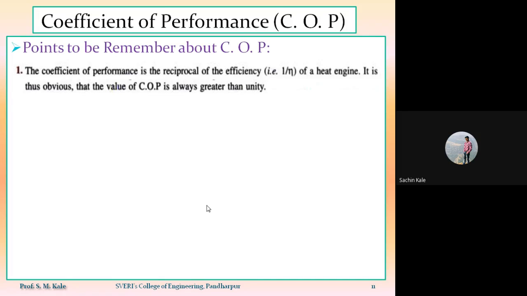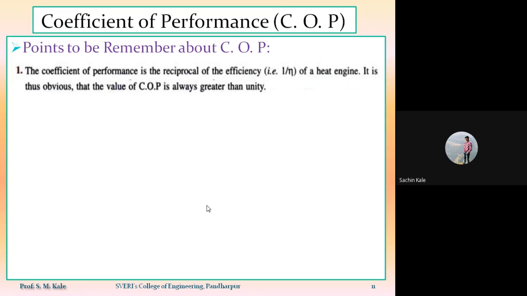As we know that efficiency of any heat engine is always less than 100% or always less than 1. So we have to keep in mind that the value of COP will always be greater than unity or always greater than 1. That means coefficient of performance of a refrigerating machine will always be greater than 100%.